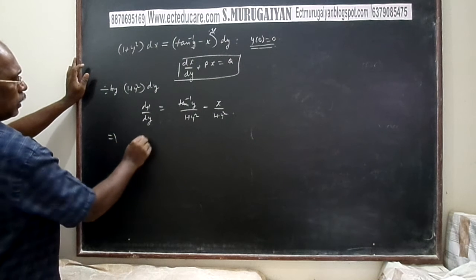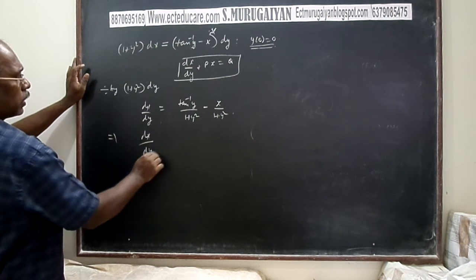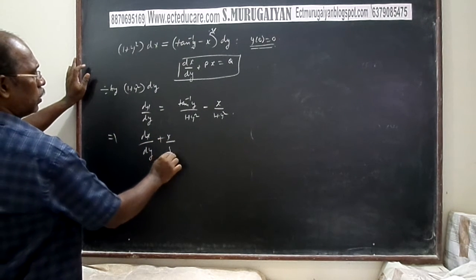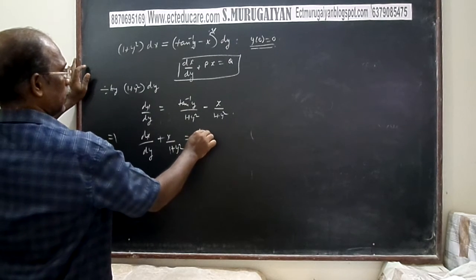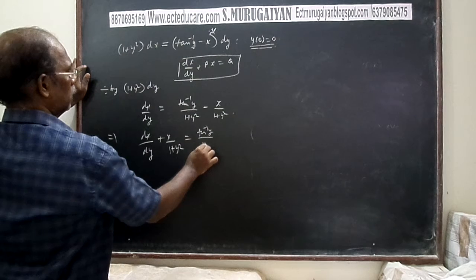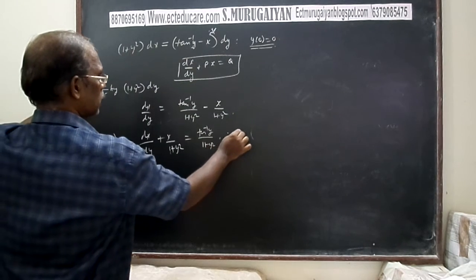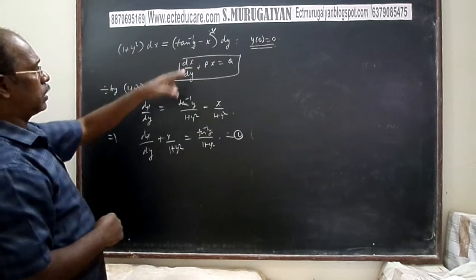After rearrangement, dx by dy plus x by 1 plus y square equals tan inverse of y by 1 plus y square. This is the standard form of this type.